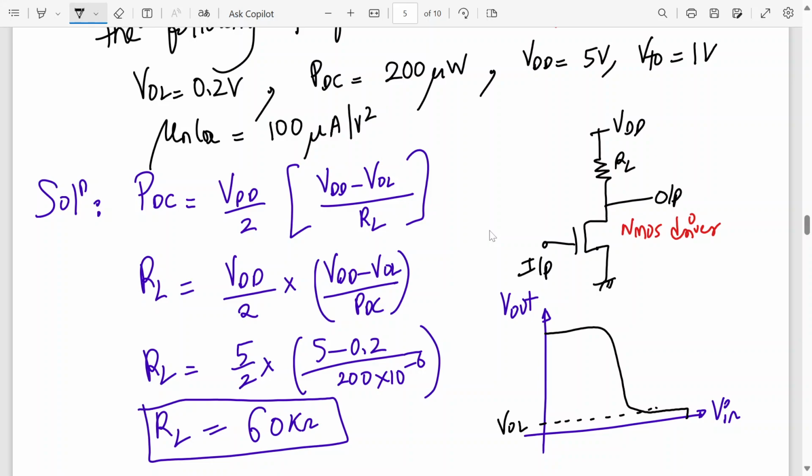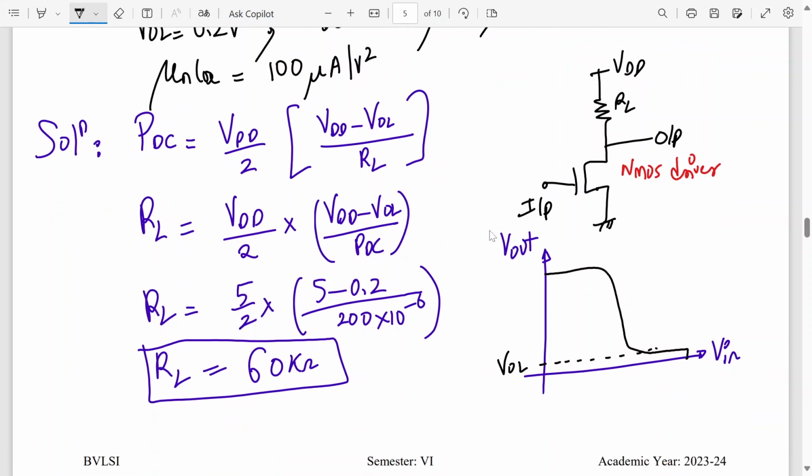If the output is almost very small, the input voltage is what?